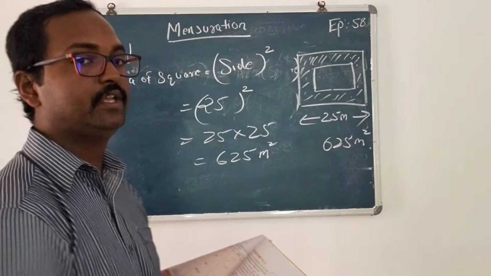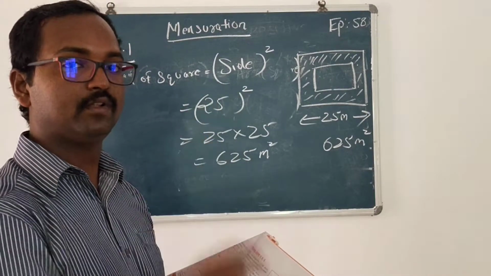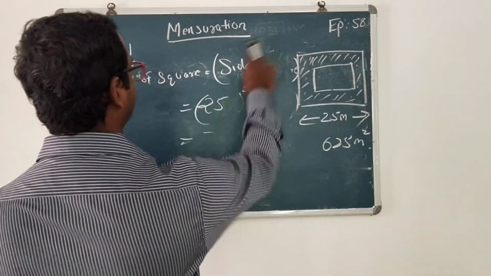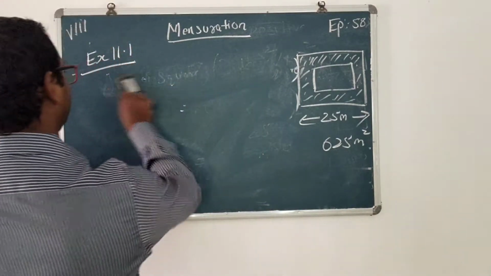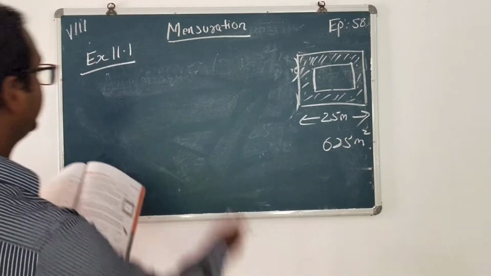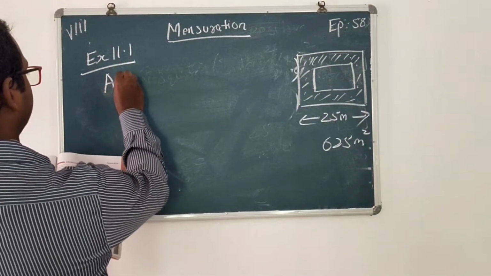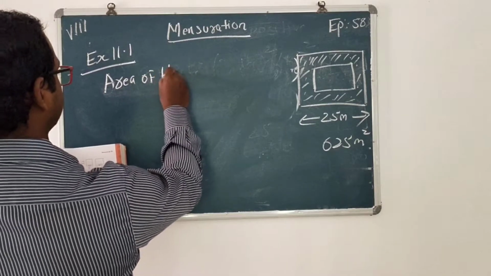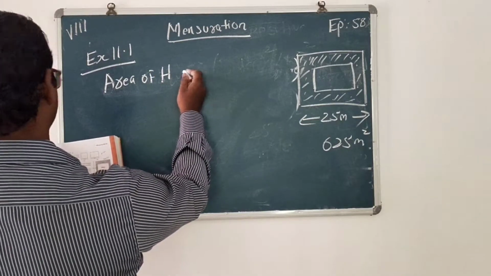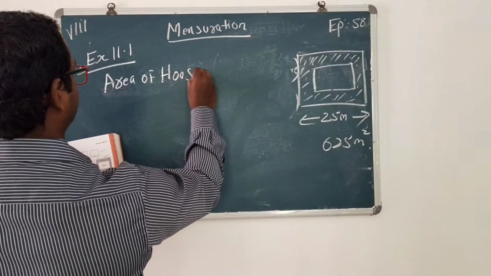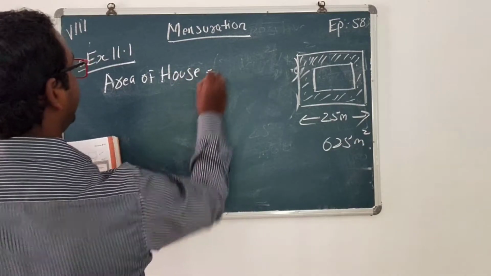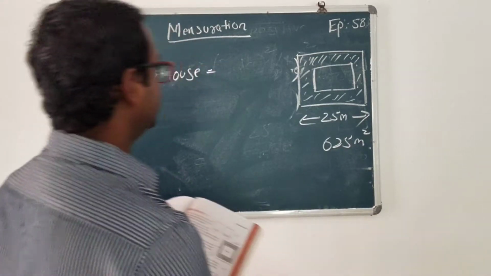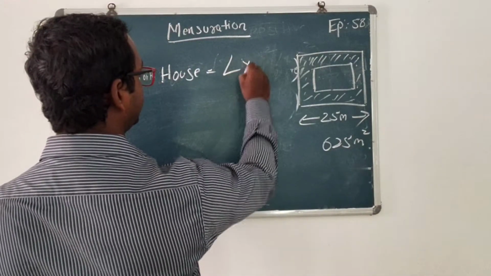Now we have to find the area of the house, or the area of the rectangular portion. Area of the house, or the rectangular portion, is length into breadth.